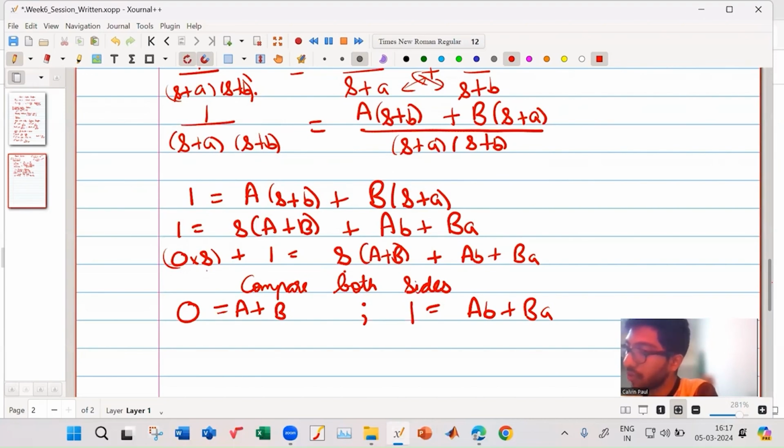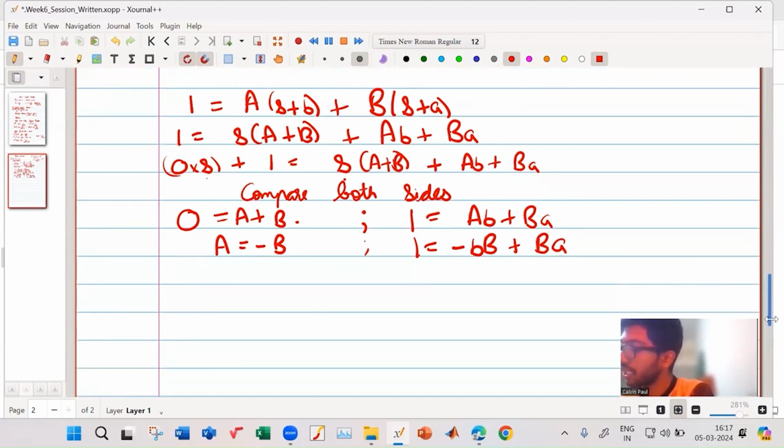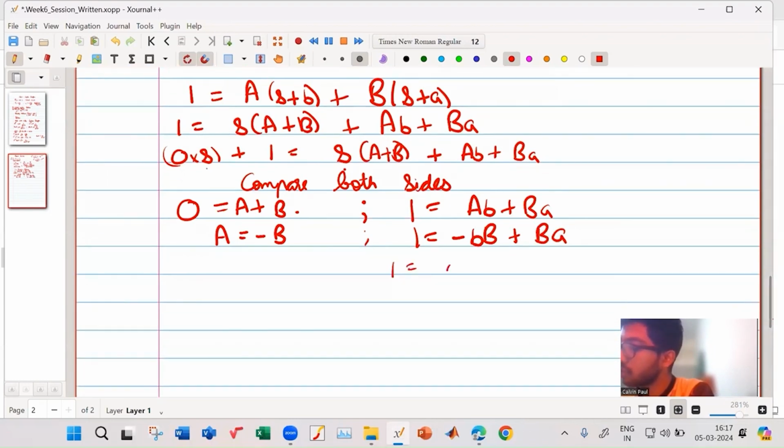So here what do we get? We get A is equal to minus B from this equation. Then we put that in this equation. We get 1 is equal to minus b into capital B plus capital B into a, right? So we get 1 is equal to B into (a minus b).